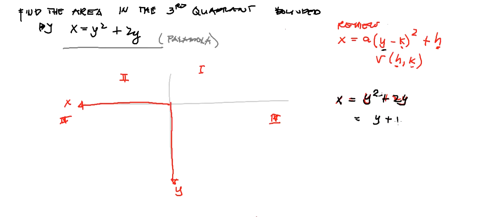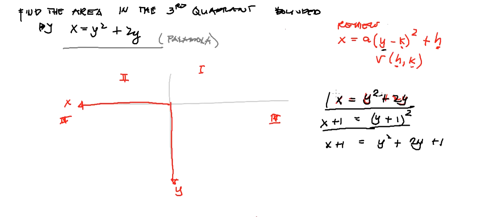Let's try y plus 1 that is being squared. This is also equal to y squared plus 2y, but we have the plus 1, right? Because 1 squared is 1. If this is our form, then in order for us to make our equation equal, we need to add 1 also here. Now this form here is also equal to our original equation, right?